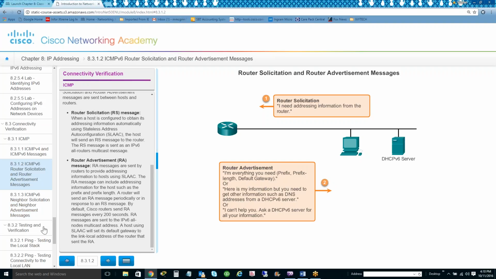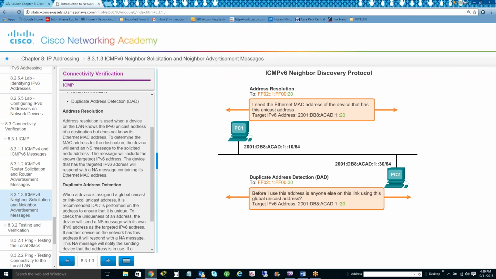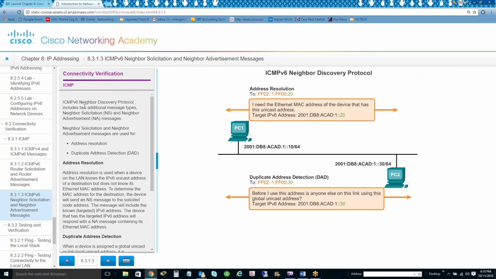There's also DHCP version 6, which we will get into in a little bit. ICMP version 6 Neighbor Discovery Protocol includes a couple more messages. The neighbor solicitation and neighbor advertisement messages are used for address resolution and duplicate address detection.